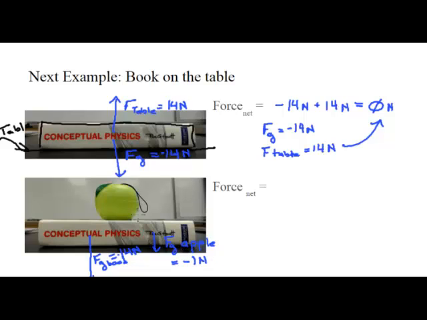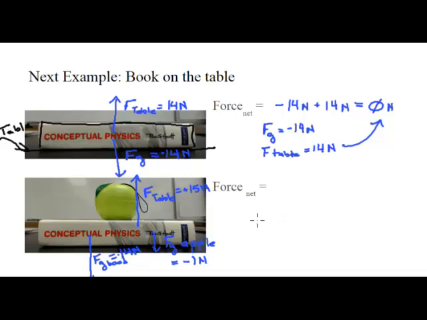So here's my question. What's my force table now? Well, unless it starts accelerating towards the center of the Earth, my force table is now positive 15 newtons.